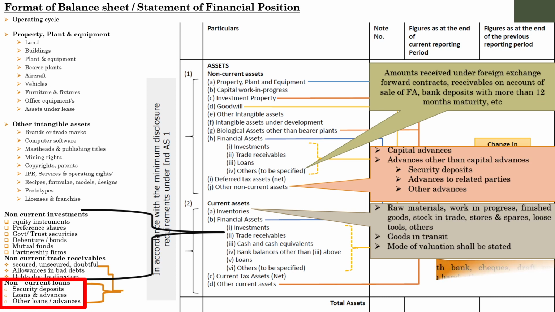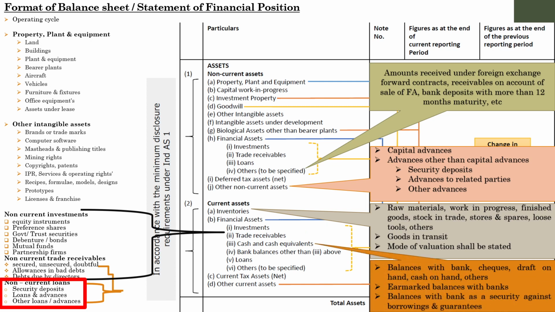And after that, cash and cash equivalents. The cash and cash equivalents can be again classified into balances with the bank, cheque, draft on hand, cash on hand. Earmarked balances with the bank, for example, for any unpaid dividend, should be shown separately.